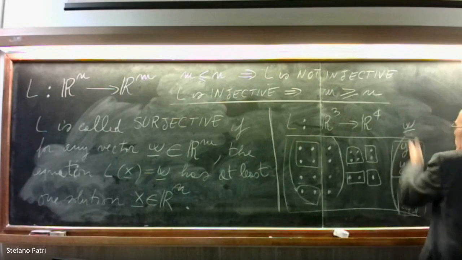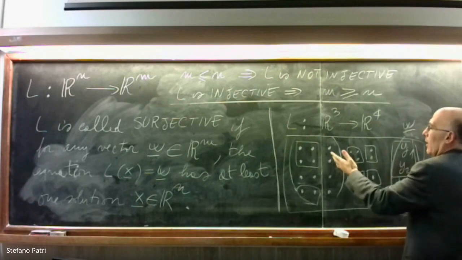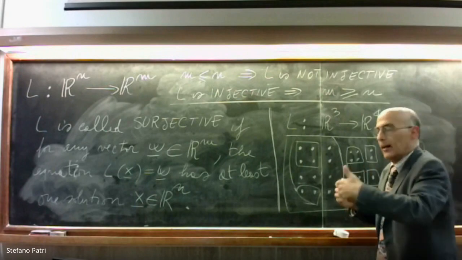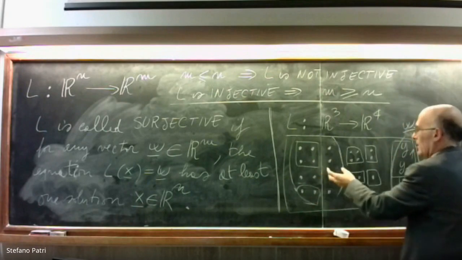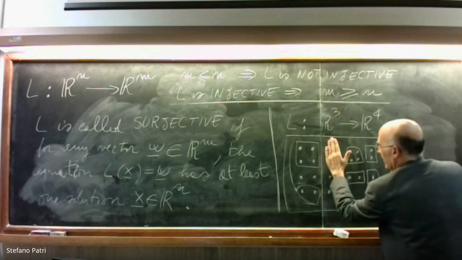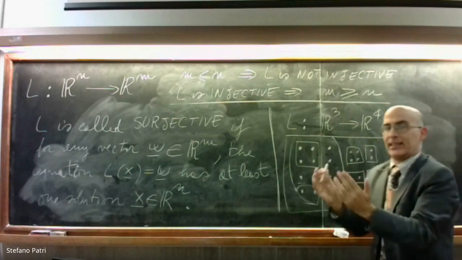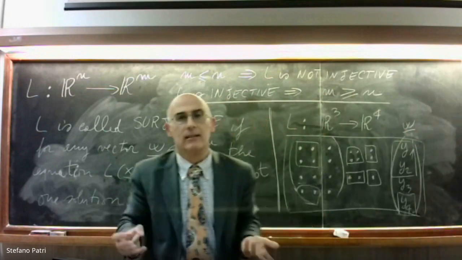because the new column could make appear new minors not involving this column, for which here we have a minor of order 3 with a non-vanishing determinant.